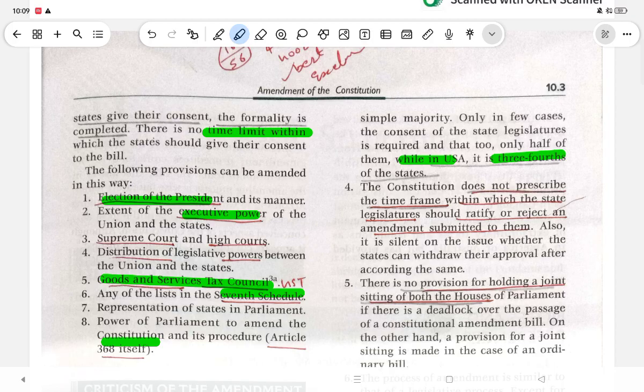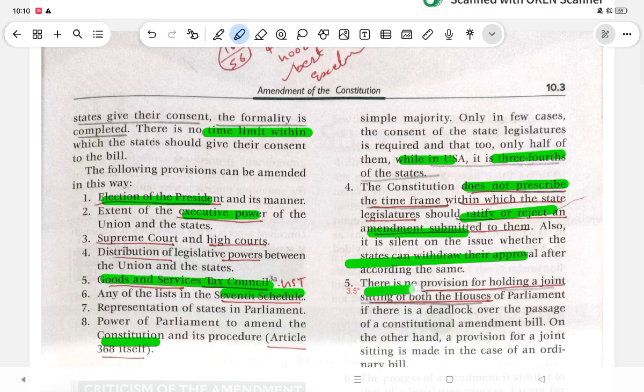Fourth, the Constitution does not prescribe the time frame within which the state legislatures should ratify or reject the amendment submitted to them. Also, it is silent on the issue whether the states can withdraw their approval after giving the same.